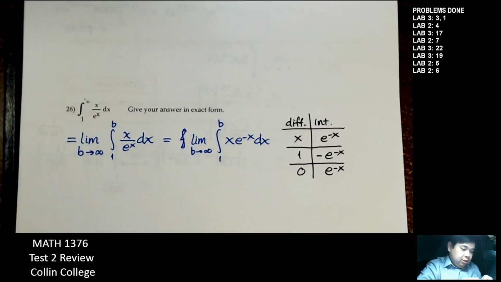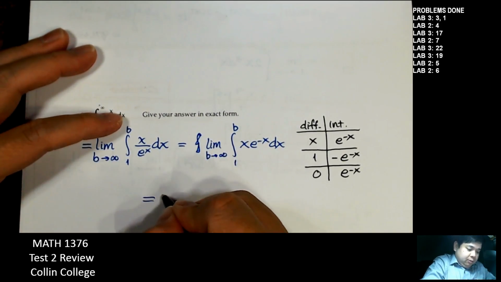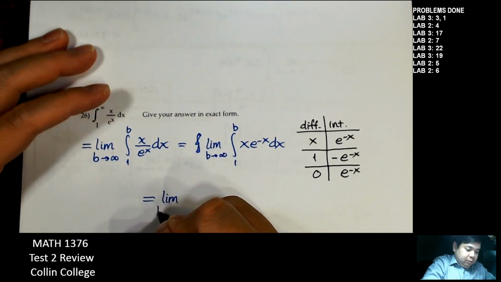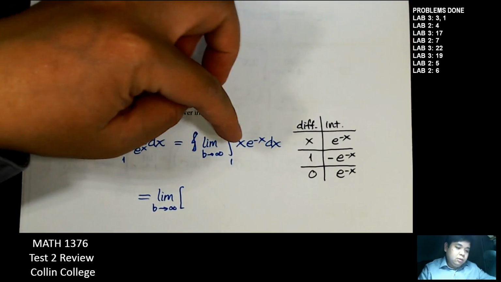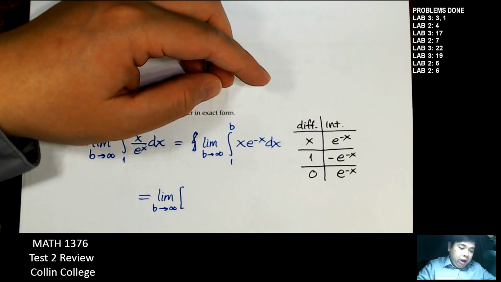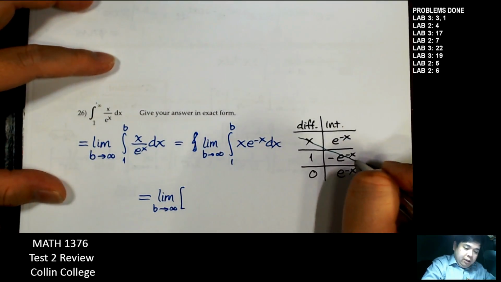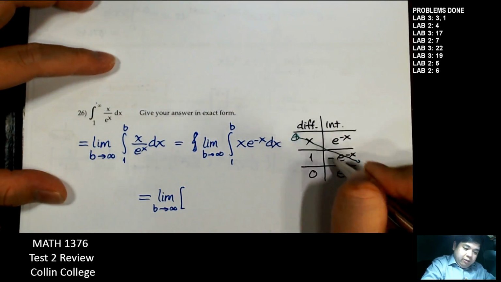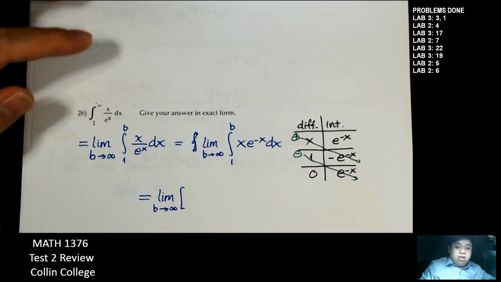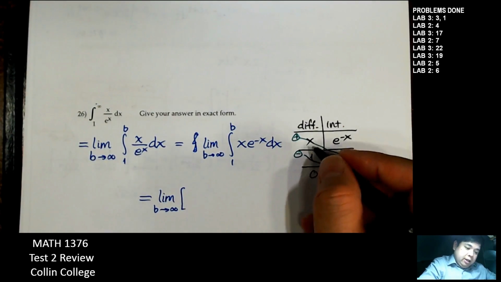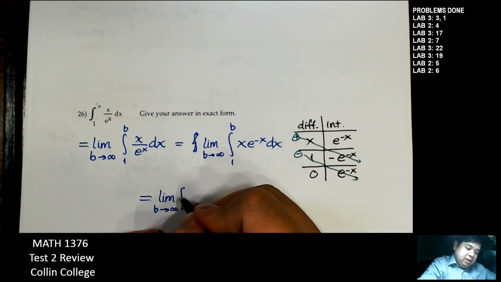Right. So integral, we will have positive, negative. After that, it's just 0. So x and negative e to the negative x.